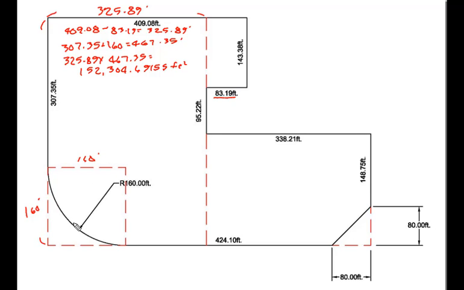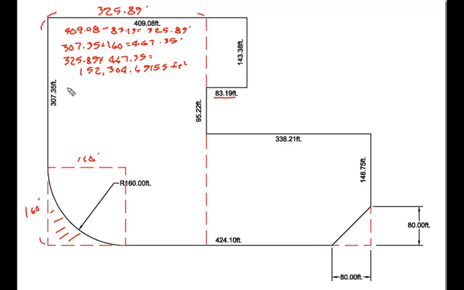Then to find the area of this fillet, we first need to find the area of this rectangle, and then we can subtract out the area of this segment of the circle to leave us this fillet area.